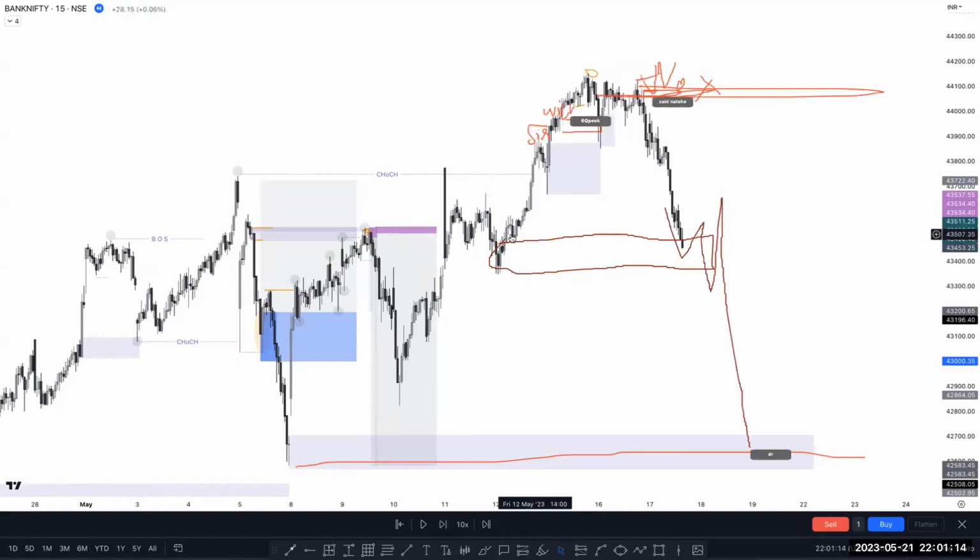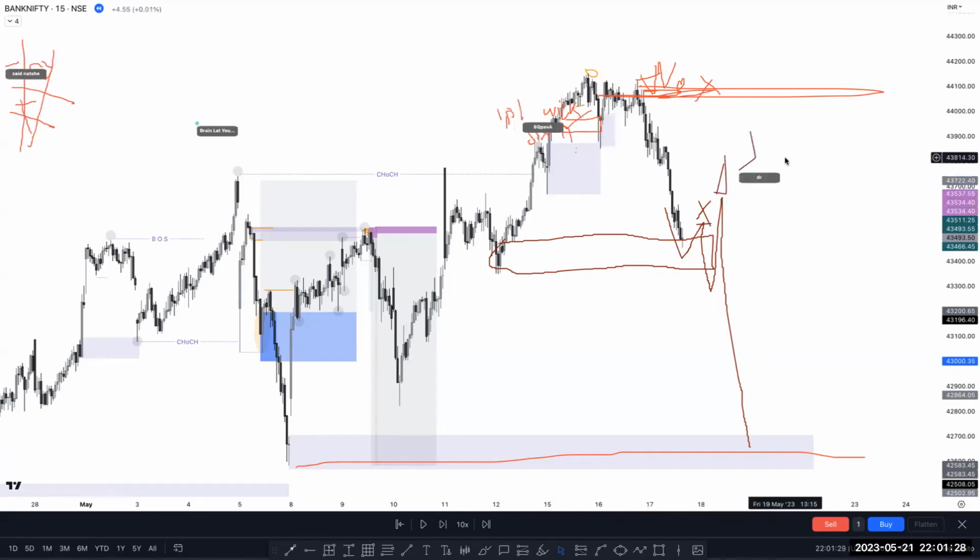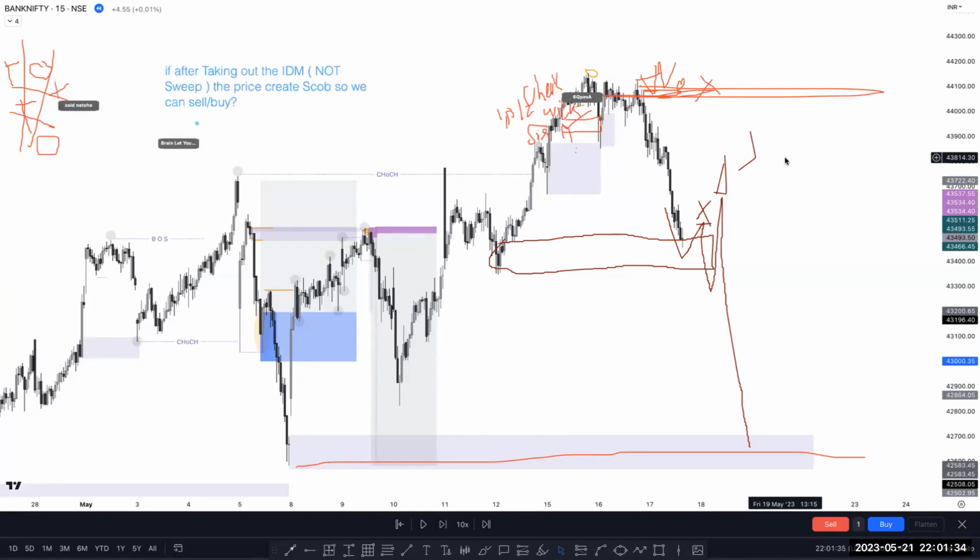No, sir, you don't need to buy here because this one is our inducement and this one is our mitigation. Sorry, order block. Tap here and give reaction and fail. We check, sir.